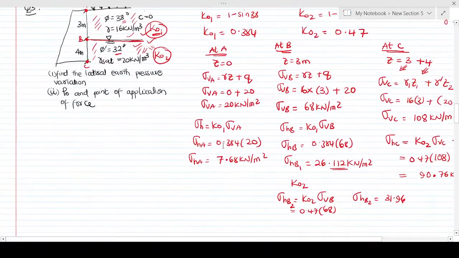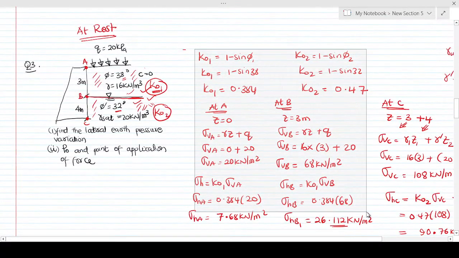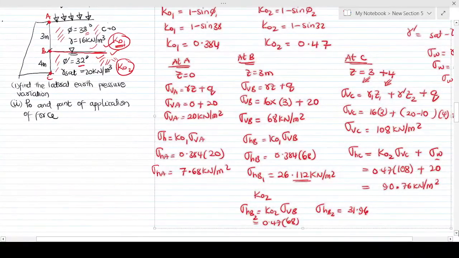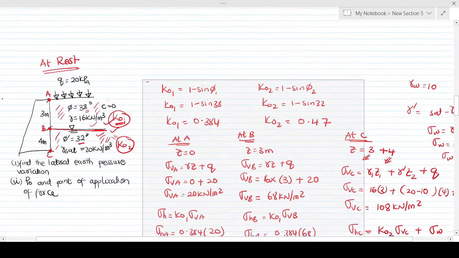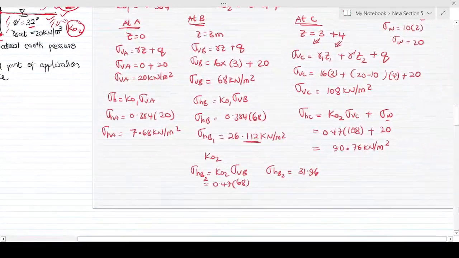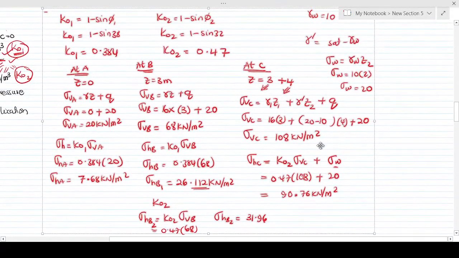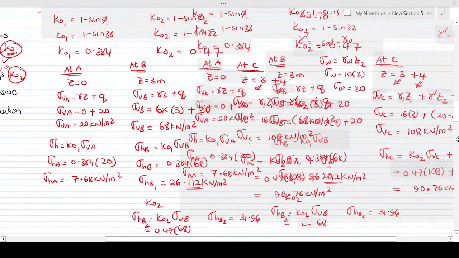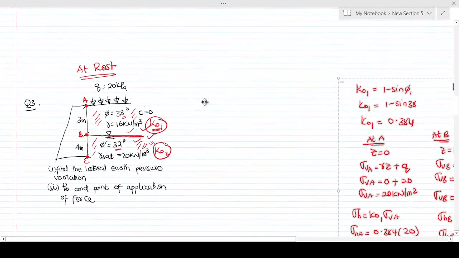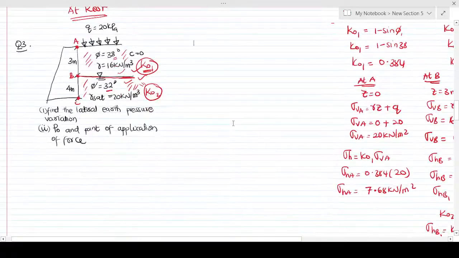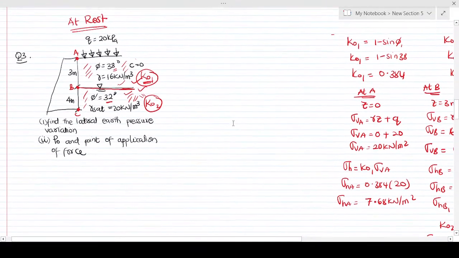So let me keep this from here and move it a little further, and allow space here to draw.